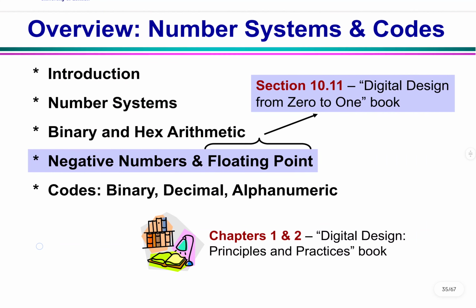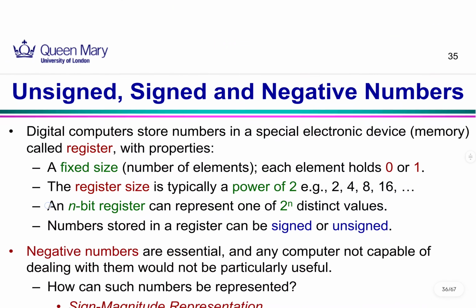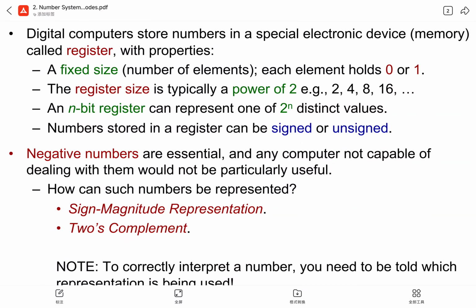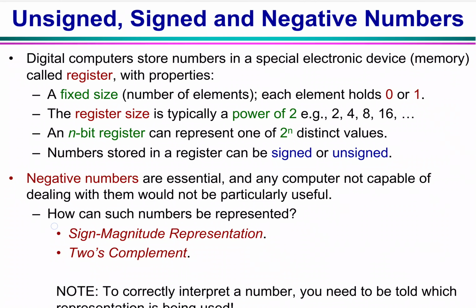What is negative? Oh, I think this is one of the most important parts of this chapter, and maybe this can go: unsigned, signed, and negative numbers. Oh, this is the middle, and I'm a little tired, but we should continue and then take a shower. So what are unsigned, signed, and negative numbers?